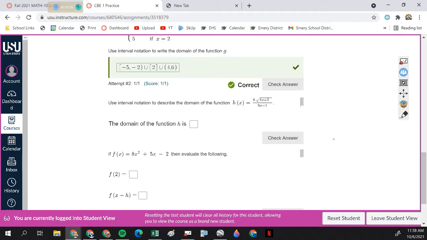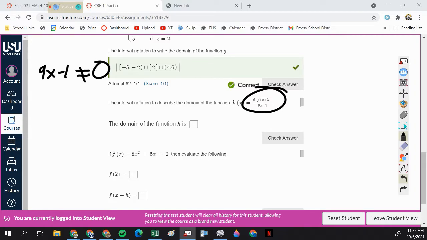Next problem. Use interval notation to describe this. What domain restrictions is that going to have? Well, 9x minus 1 cannot be 0, and 4x plus 3 must be greater than or equal to 0.